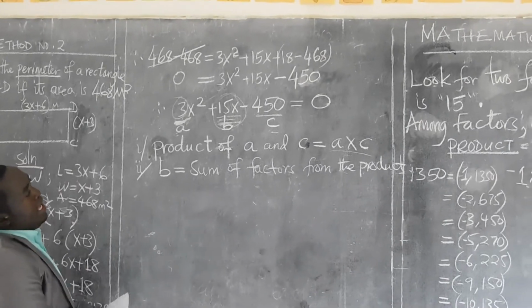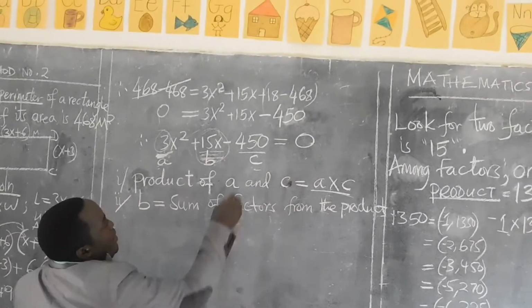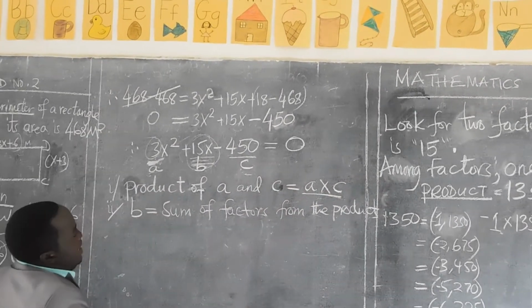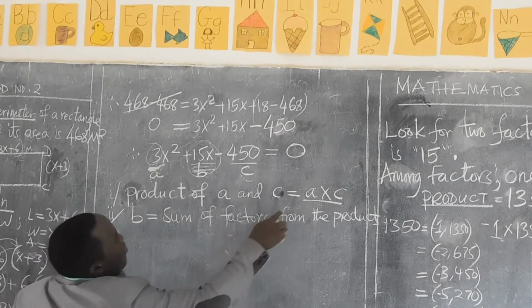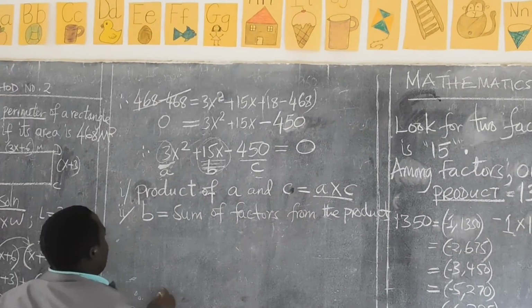So here we have to get the product of A and C. After getting the product of A and C, we find the sets of factors of the product we have gotten.